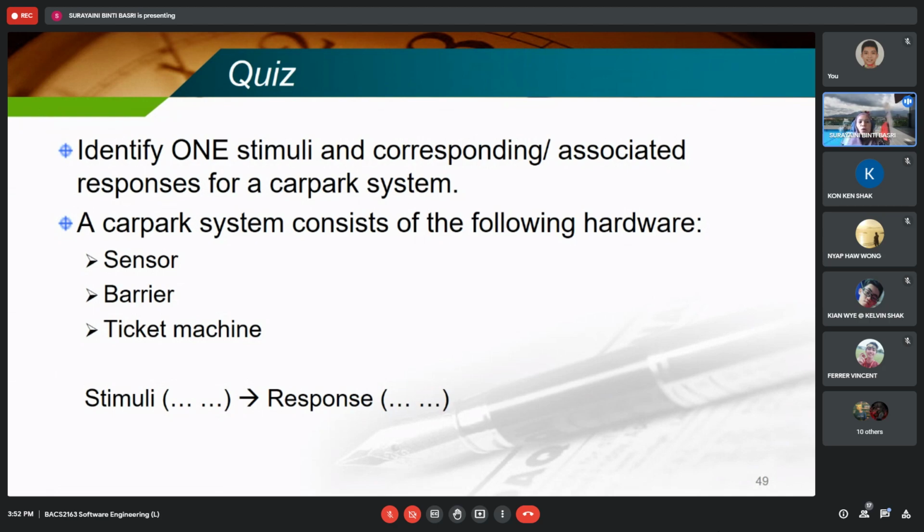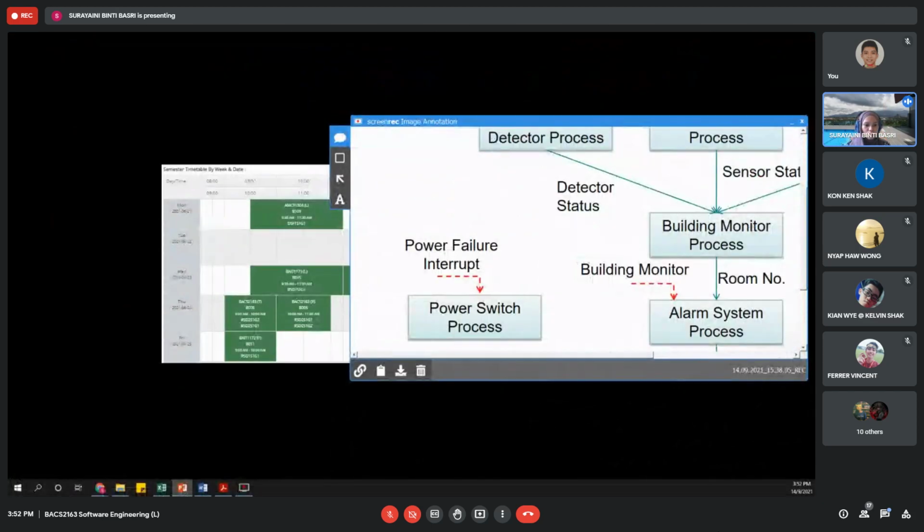Okay, so we finish with the chapter on real-time design. We still have about 38 minutes, so after this we can proceed to another lecture, but I will give you all some time. We will proceed to the chapter on software evolution.